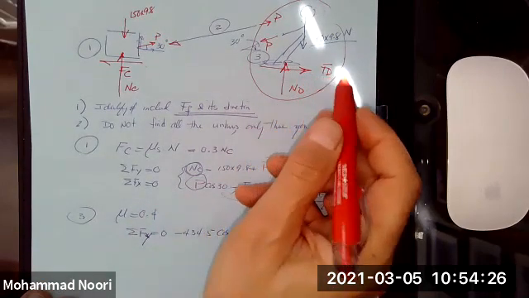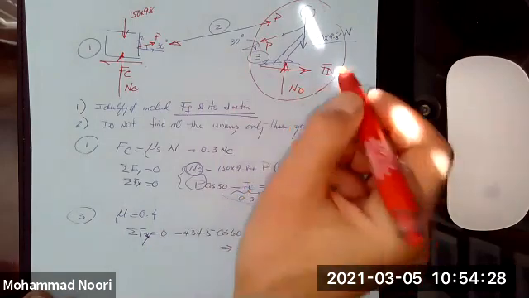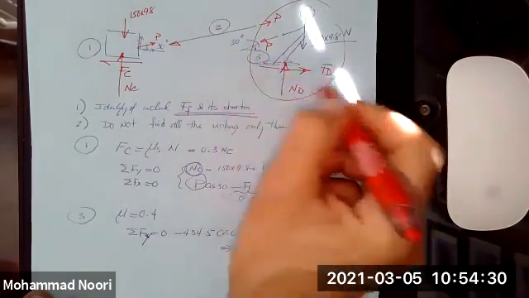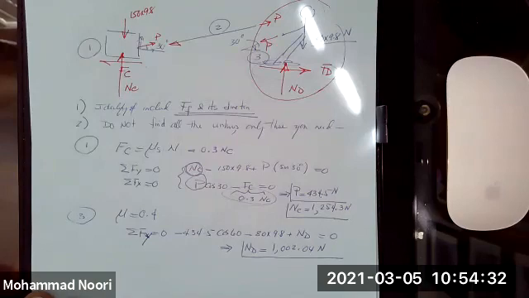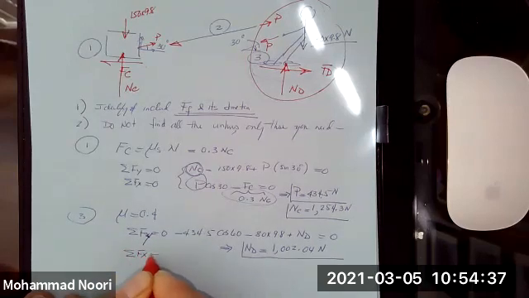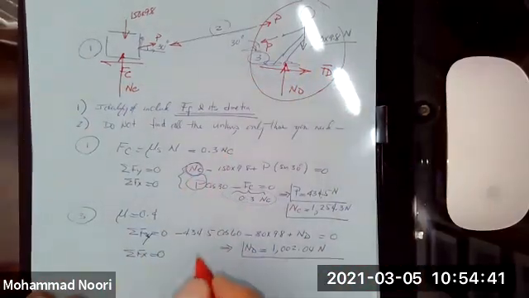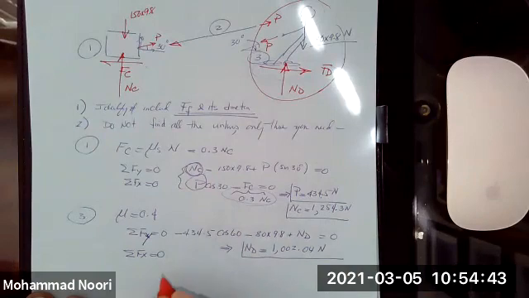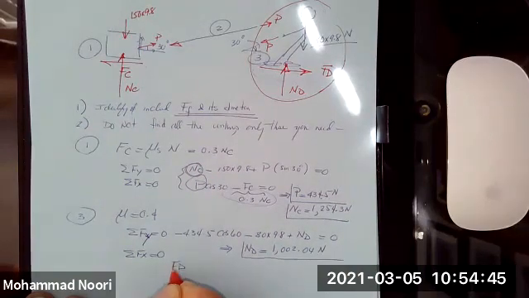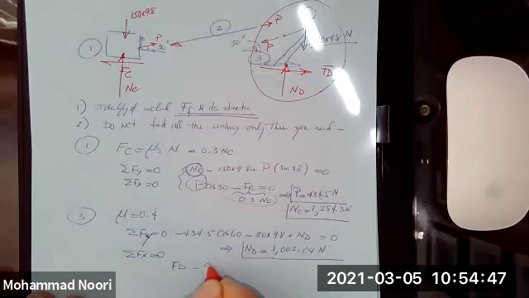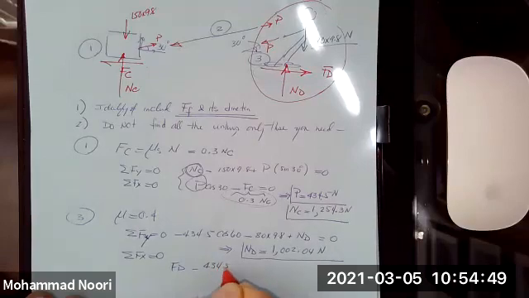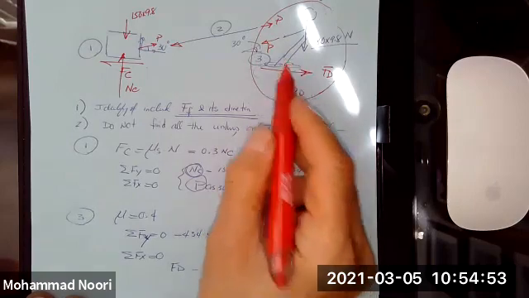Now, we want this guy not to move. In other words, we do not know what Fd is, right? I can find it by writing summation of forces along x equal to 0, assuming that this guy is in equilibrium. So you have Fd minus 434.5 cosine 30.